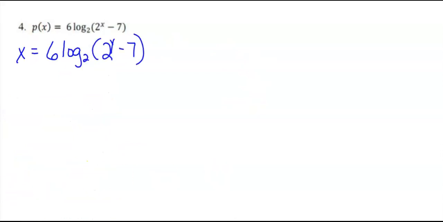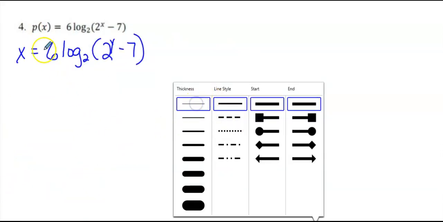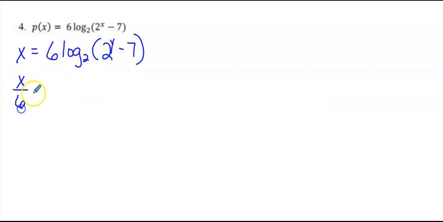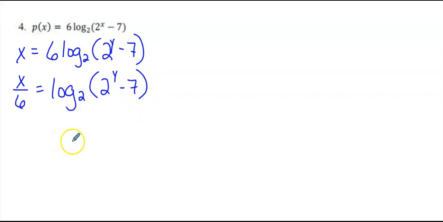All right, let's look at number 4. So I've switched the x and the y. And we need to get the log base 2 of y minus 7 by itself. So I'm going to divide by 6 on both sides. The next thing I need to do is write this in exponential form.